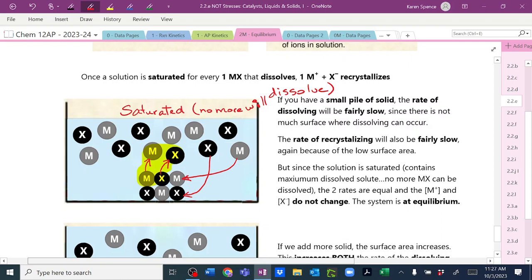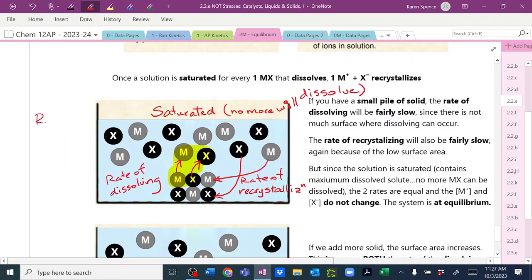So the rate of dissolving and the rate of recrystallization, too big of a word, crystallization, those two have to be equal. I'm just going to call it recryst.